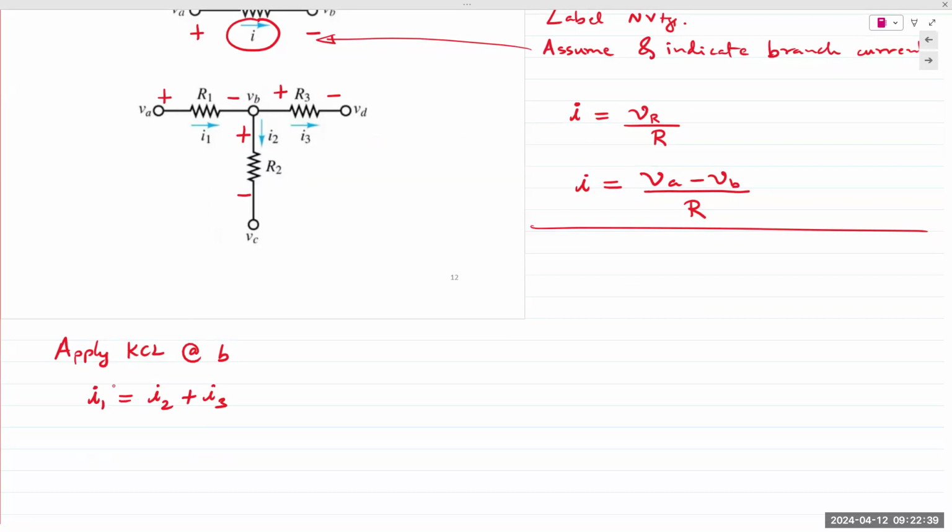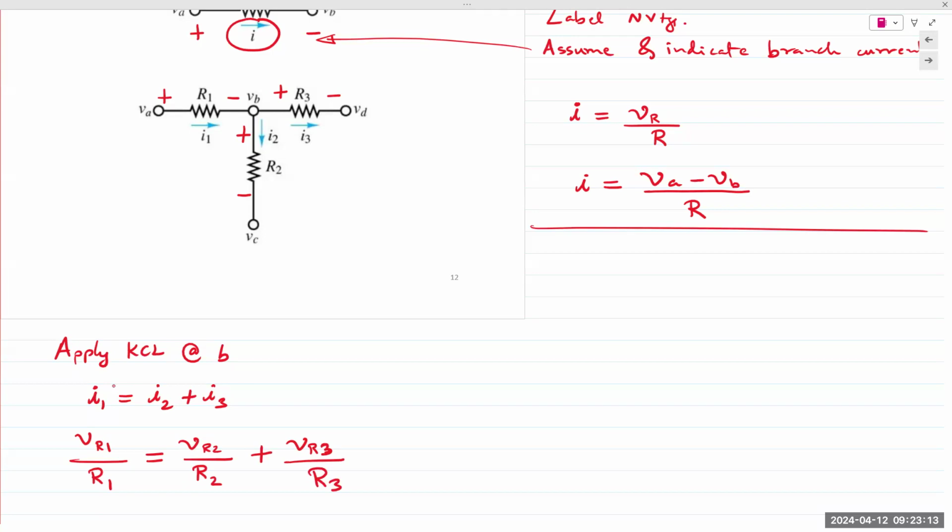Then you apply Ohm's law, and you can express I1 as VR1 divided by R1. The resistor voltage divided by the resistor R. So VR1 over R1, I2 is VR2 over R2, and I3 would be VR3 over R3.